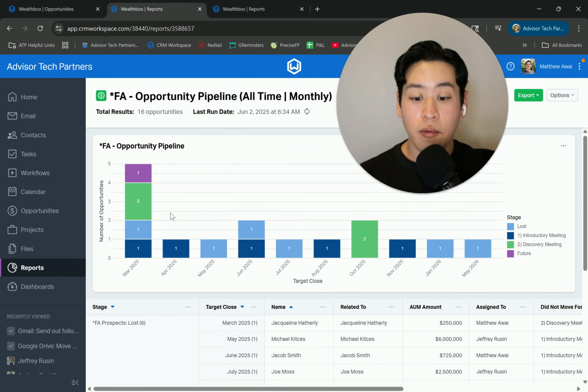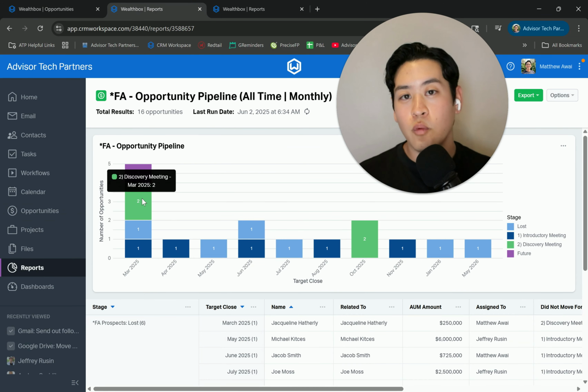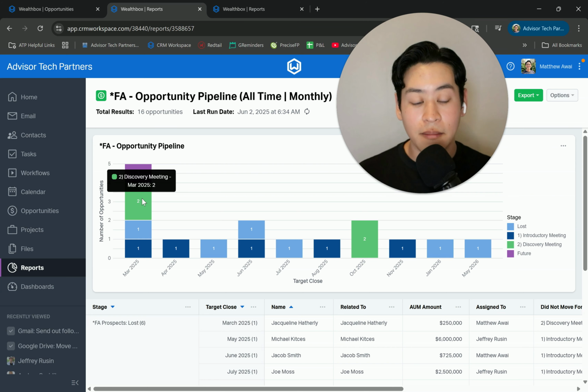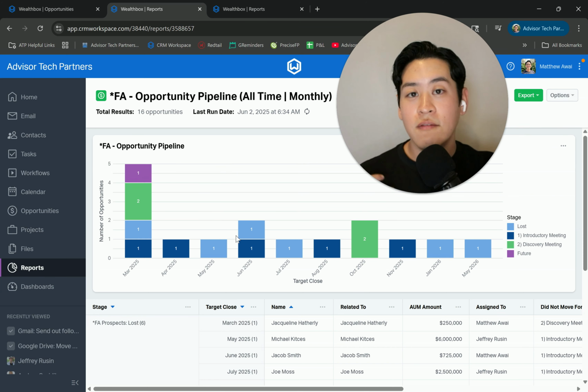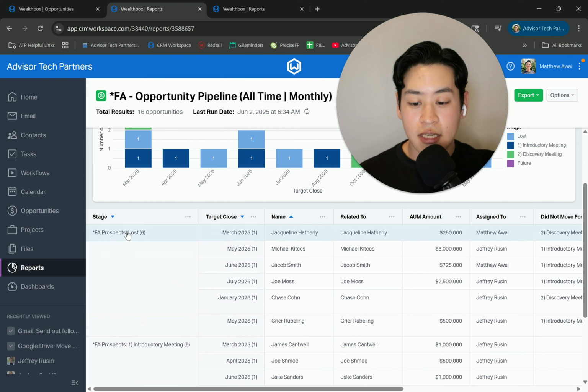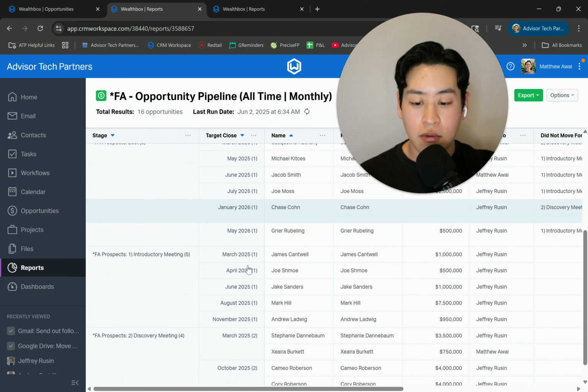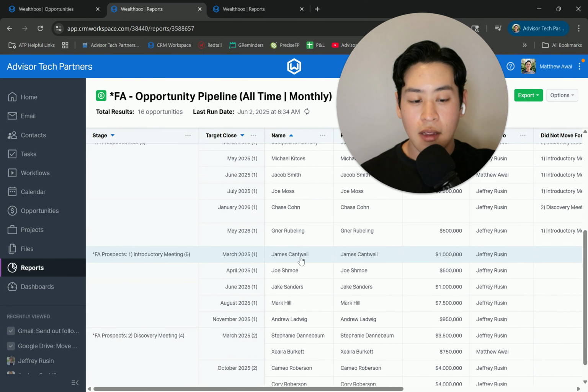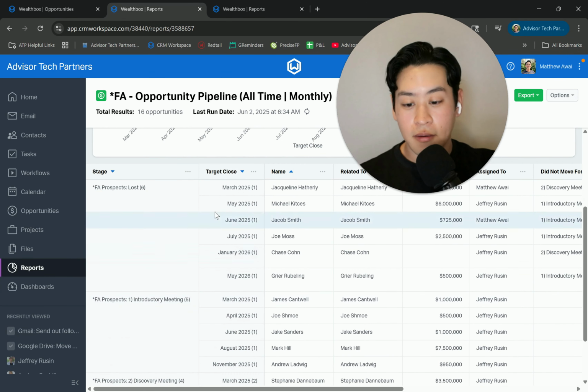This opportunity report is actually going to show you where we are struggling. Are these old opportunities things that we need to clean up? Once you get the information cleaned up, what we want to represent here are the different stages and where people are actually moving forward in your opportunity pipeline.